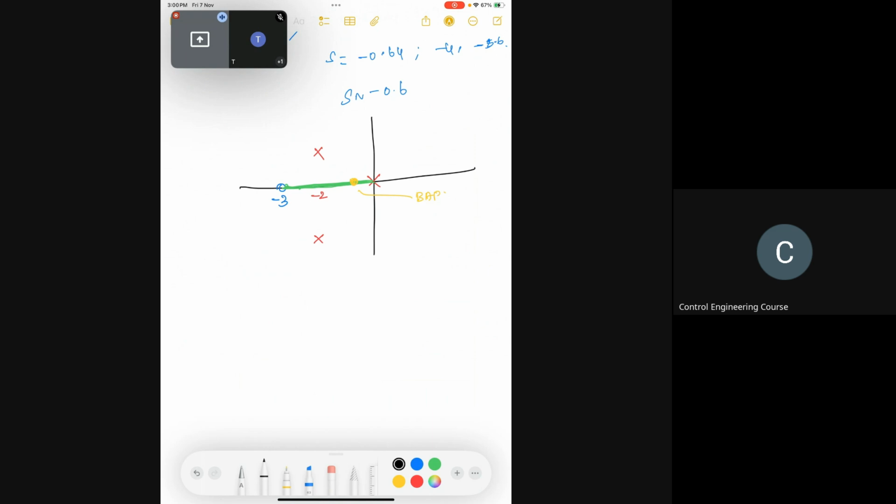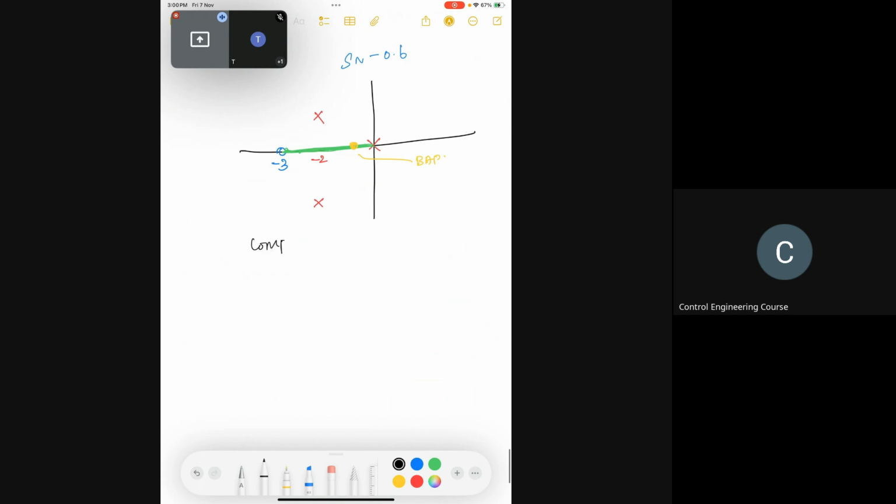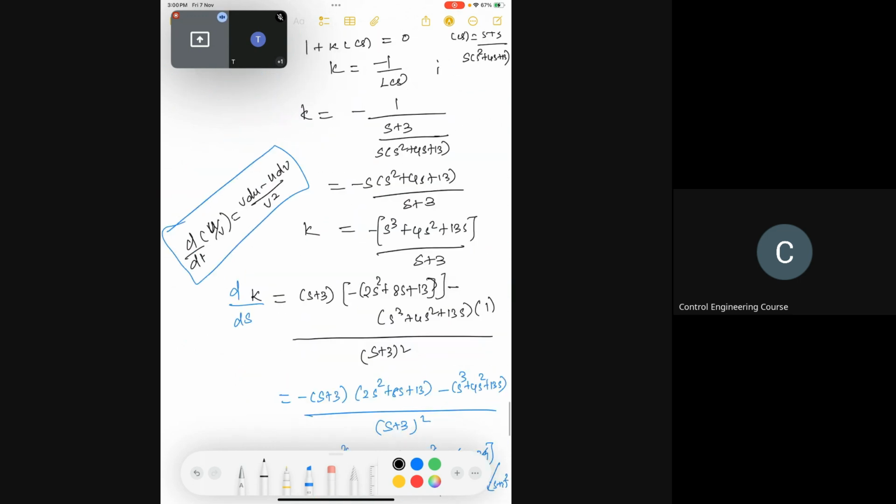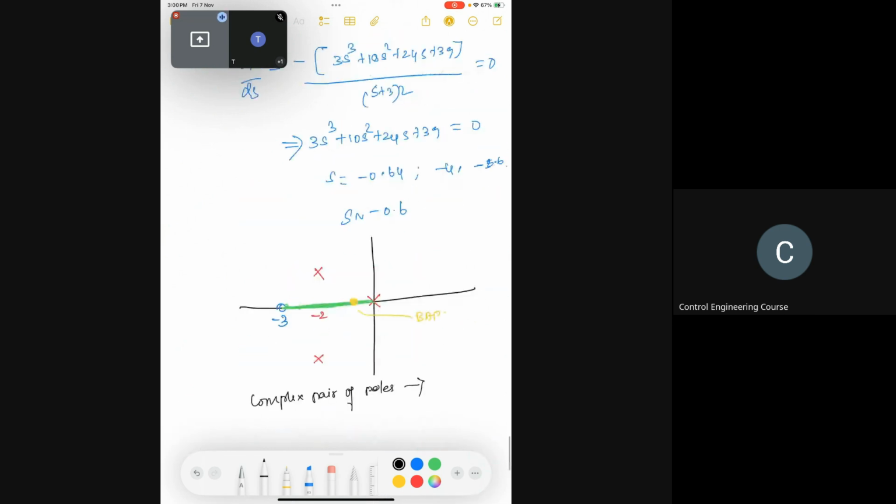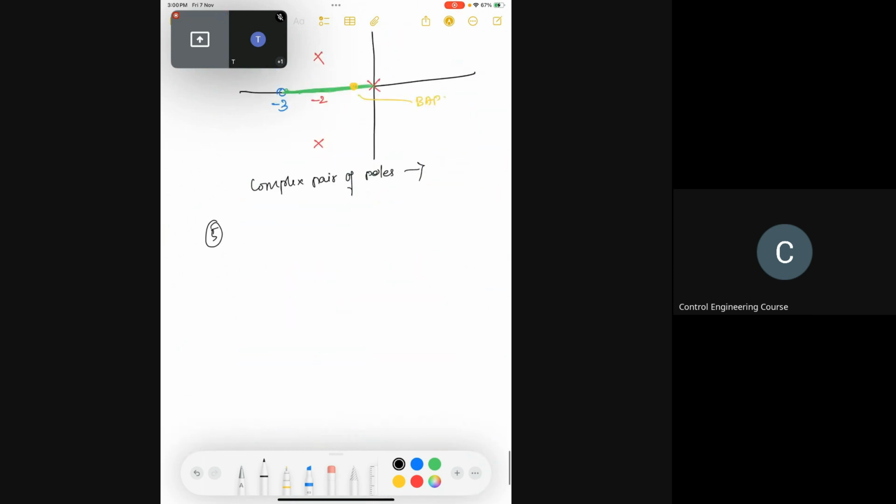Okay, right, good. So since we have complex pairs of poles, we need an extra step here. Another calculation, the fourth point, so this will be the fifth one. Calculate the angle of departure.